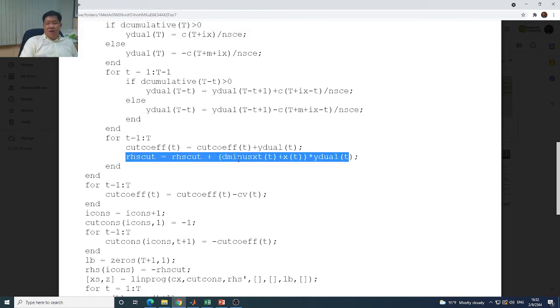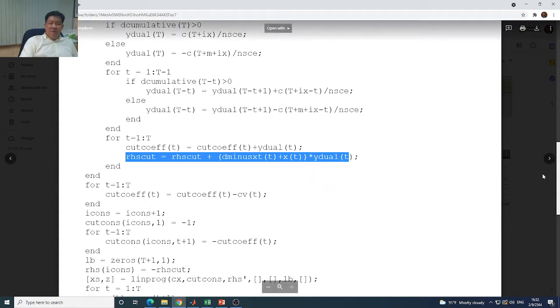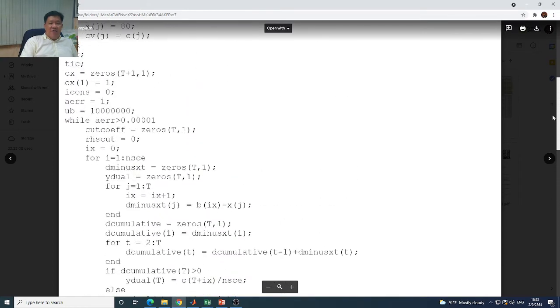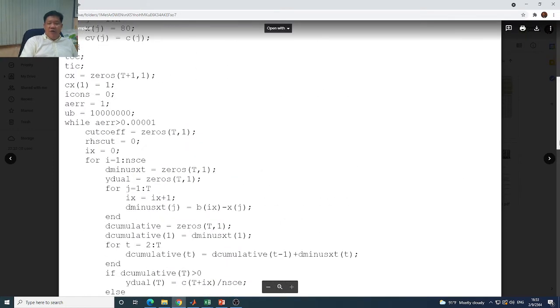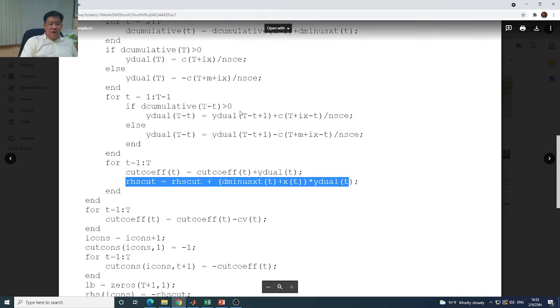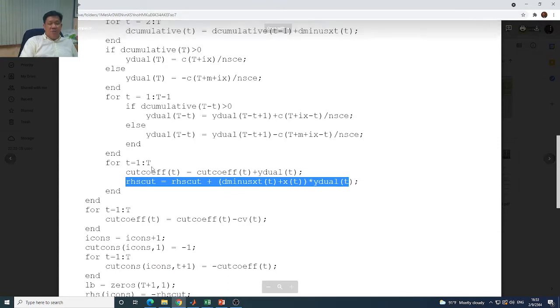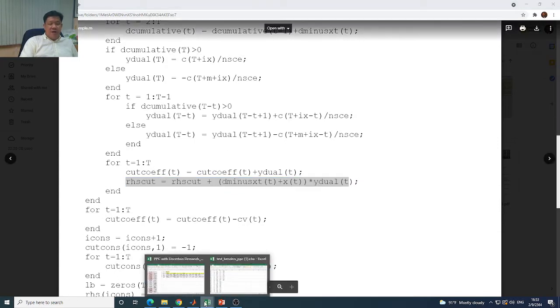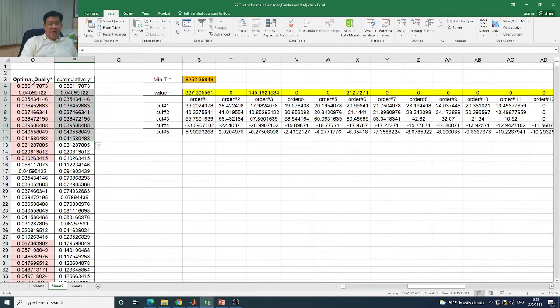For this one, you just use the original d_ik, the y dual in each iteration for each scenario. This saves a lot of memory, because when you go to the next iteration, you just replace the old one. You don't need to show each scenario separately, like what we did in the Excel, where each scenario shows its own y.